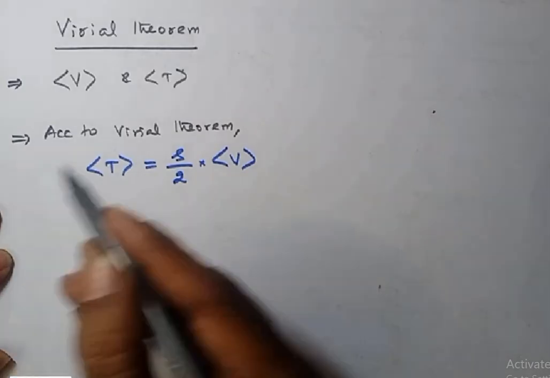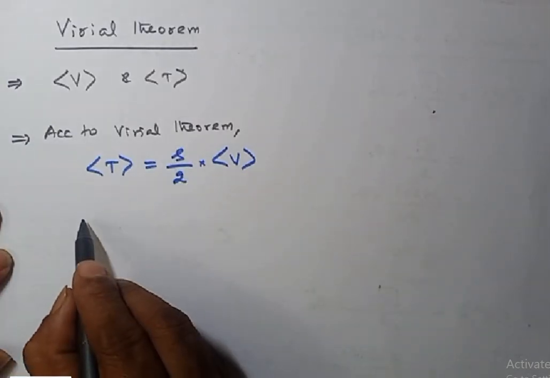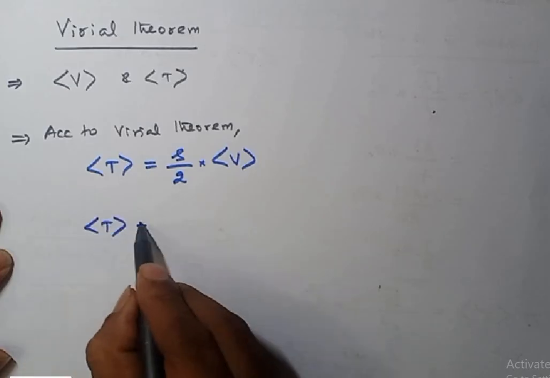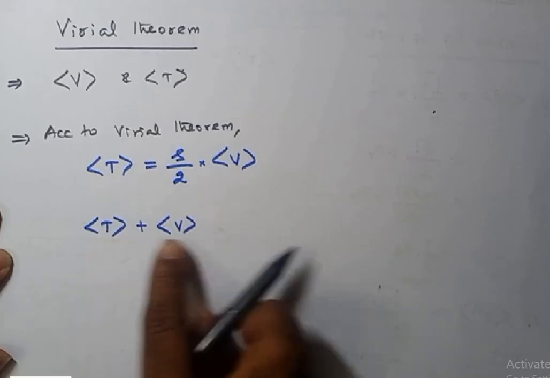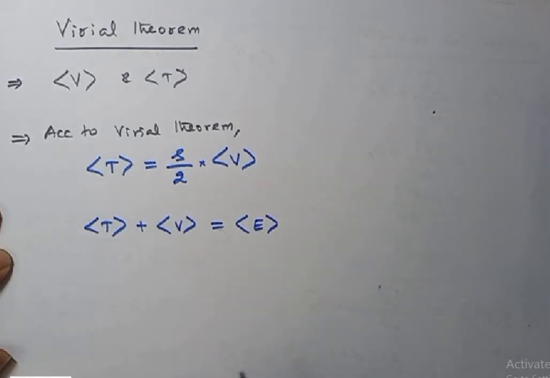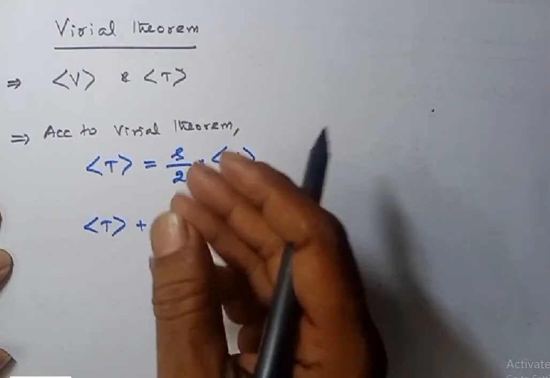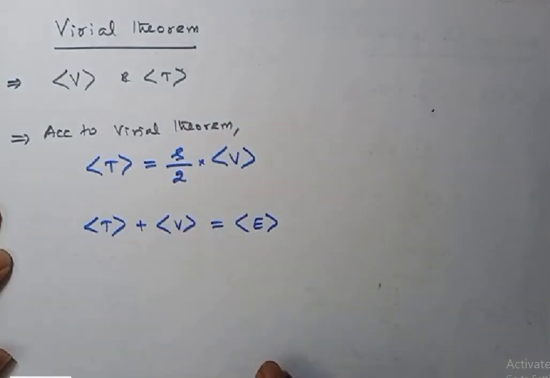I also told you, listen, the sum of average kinetic energy and average potential energy is equal to the average of the total energy. Remember, the wave functions for the hydrogen atom are eigenfunctions of the Hamiltonian operator.